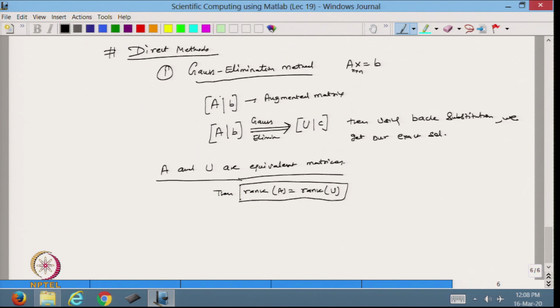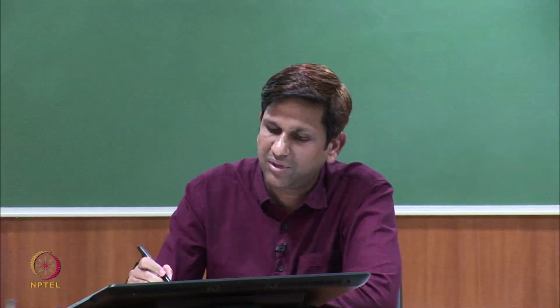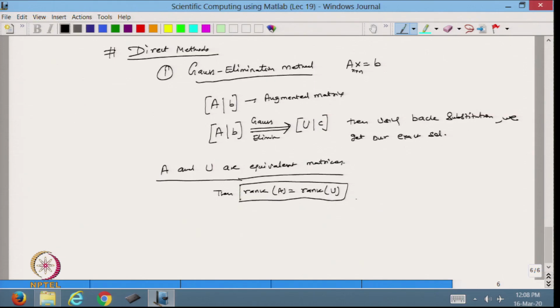Applying elementary operations, we cannot change the nature of the matrix; we only reduce it into an easier form, an upper triangular or lower triangular matrix. Then we can solve the system with back substitution if it is upper triangular, or forward substitution if it is lower triangular, but the rank remains the same. So, this is the Gauss elimination method.